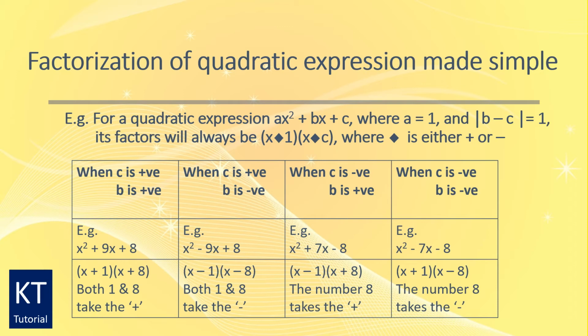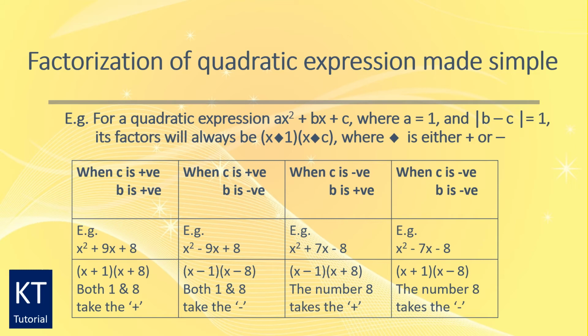In column 1, the quadratic expression reads as x squared plus 9x plus 8. In this case, it fulfills a being 1 and the difference of b and c being 1. When c is positive and b is positive, both the 1 and 8 will take the symbol of positive.